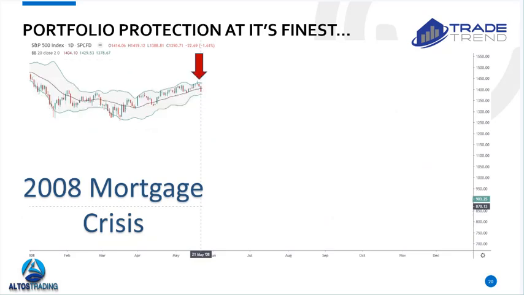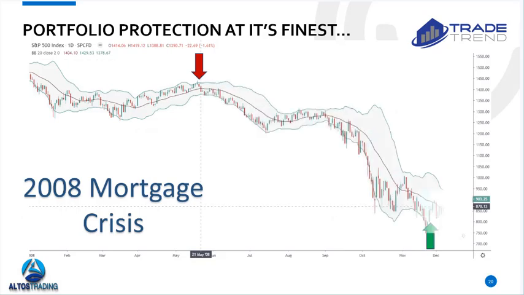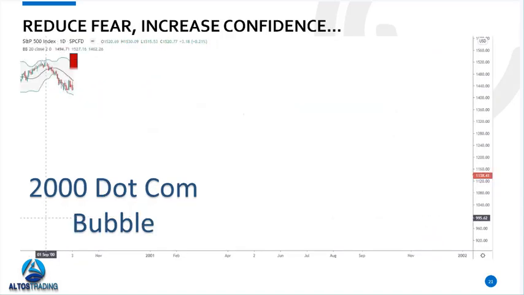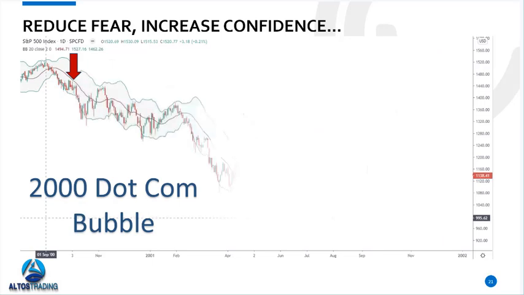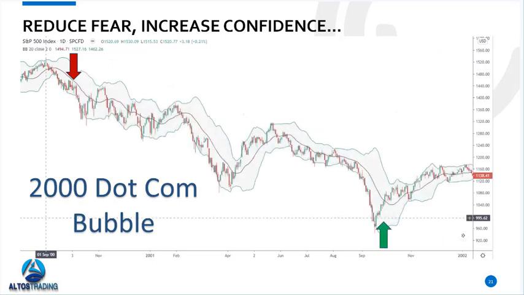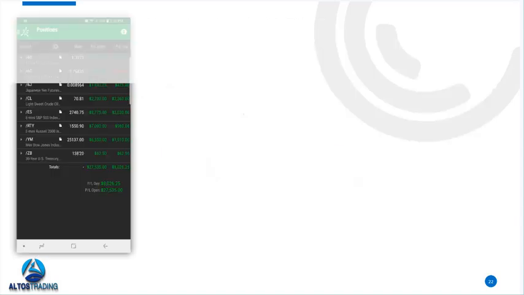Going back well over a decade to the 2008 mortgage crisis, people were getting overly optimistic about the market, it was hitting new highs, and obviously it trapped a lot of people. Luckily, Trade Trend gave the sell warning around May 21st before the market lost over 50% over the next 6 months or so. Even in the dot-com bubble, very extreme market conditions, it gives nice warnings of these major turning points in the market.